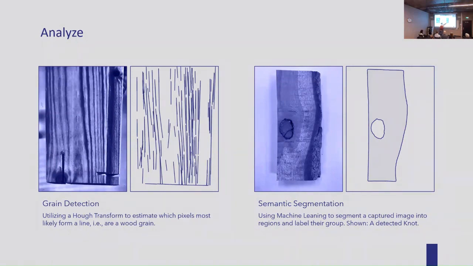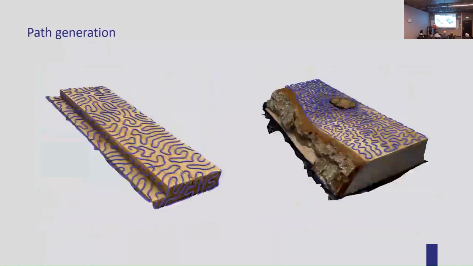So see all the different parts of the object, like the knot here or the bark and so on, and find the different areas of an object. And then based on these found features, we can generate paths, for example, here based on the geometry, or here based on this found knot, which ignores it. And then this one is the first sample. Maybe you can give it around.